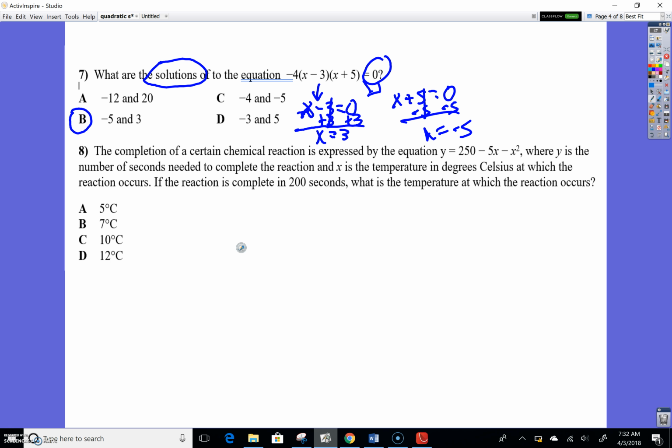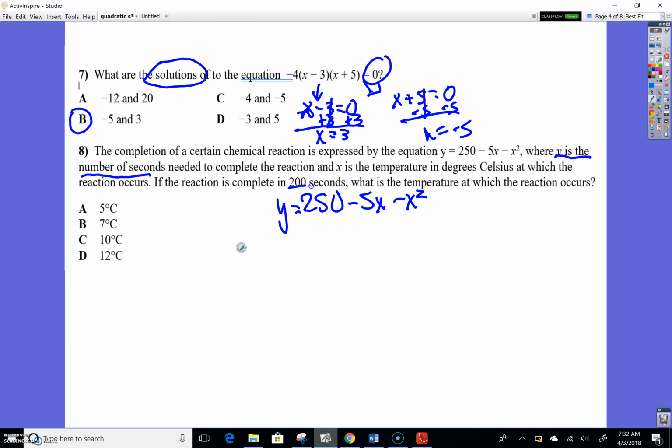Number 8. The completion of a certain chemical reaction is expressed by the equation y is equal to 250 minus 5x minus x squared, where y is the number of seconds needed to complete the chemical reaction, and x is the temperature in degrees Celsius at which the reaction occurred.